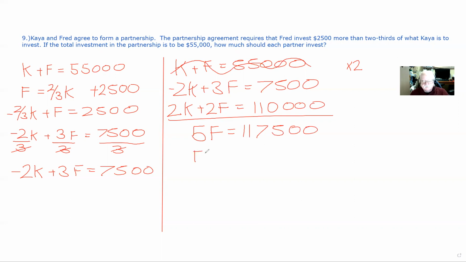So F must equal 117,500 divided by 5. And what does that equal? 23,500.